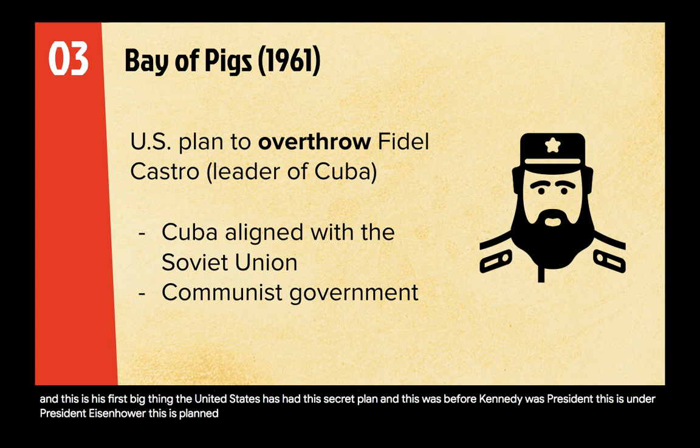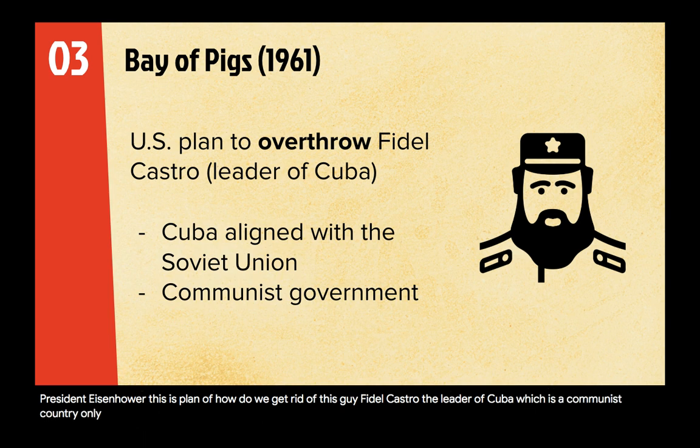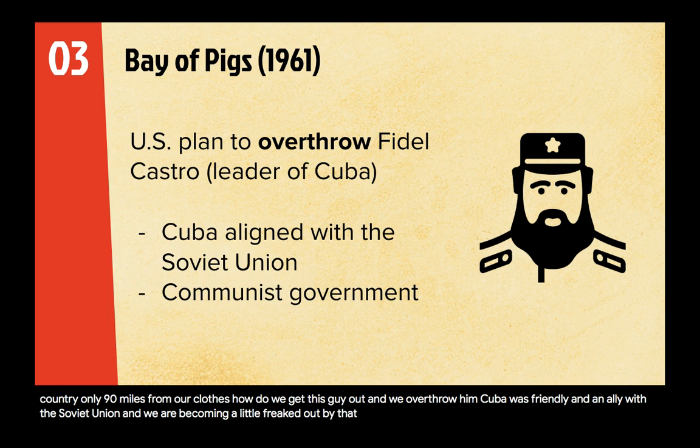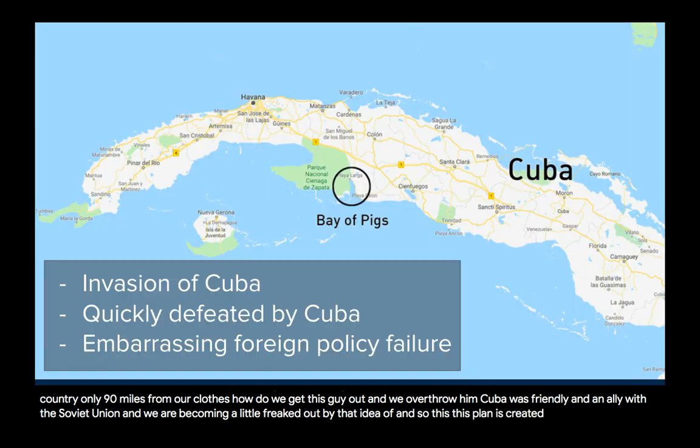There's this plan of how do we get rid of this guy, Fidel Castro, the leader of Cuba, which is a communist country only 90 miles from our coast. How do we get this guy out? How do we overthrow him? Cuba was friendly and an ally with the Soviet Union, and we are becoming a little freaked out by that idea. And so this plan is created.